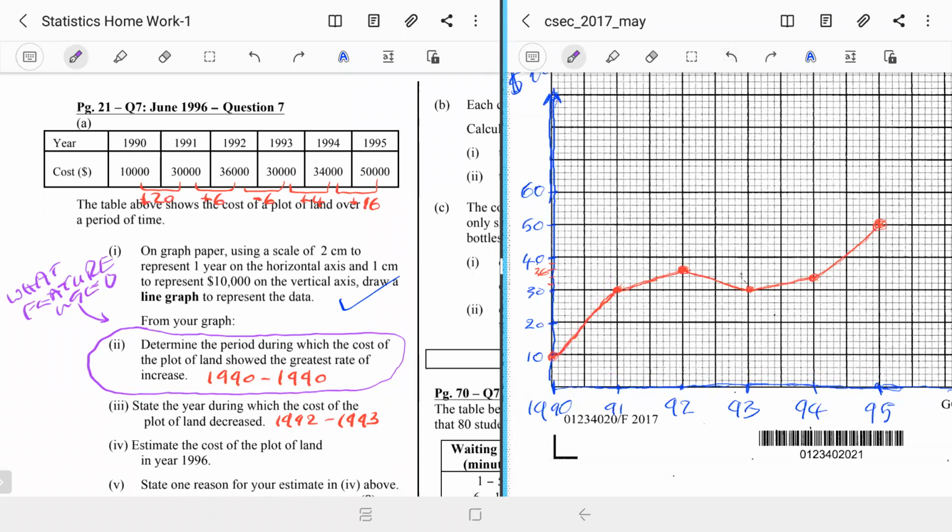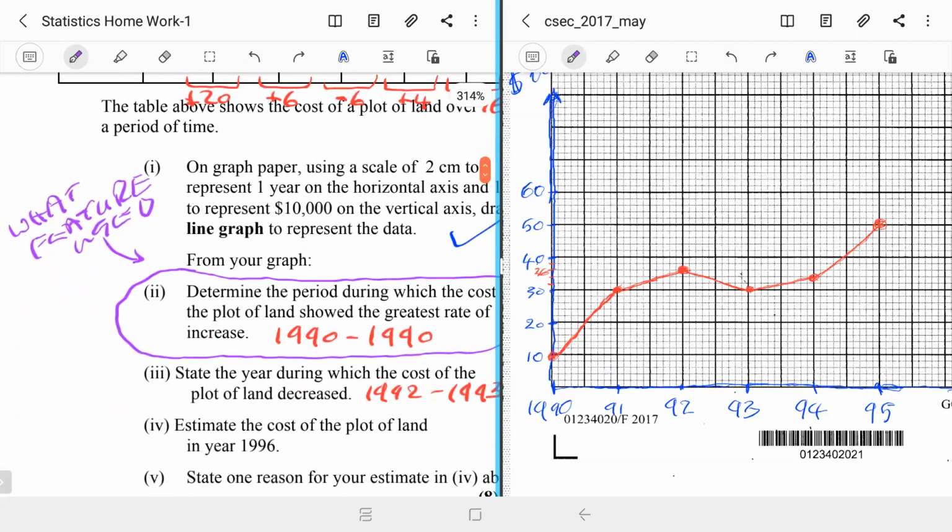So the slope and the length of the line segment is what you use to determine this. That's what you have to write: slope, or gradient, and length of the line segments.